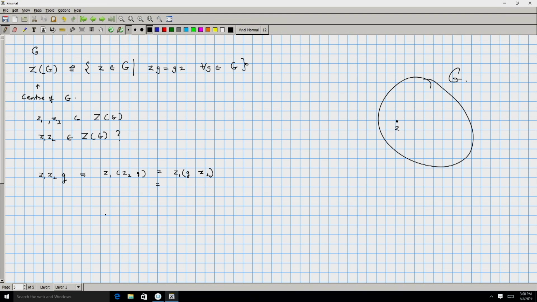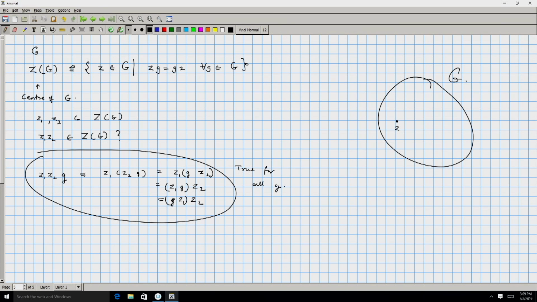And now again we can apply associativity and write it as (z1 g) times z2, and by z1 being an element of the center, this is equal to g z1 times z2. Okay. So, z1 z2 g is equal to g z1 z2 for any element g. So, whatever we did here was true for all g, and therefore, if you have two elements, their product is also going to belong to Z(G).